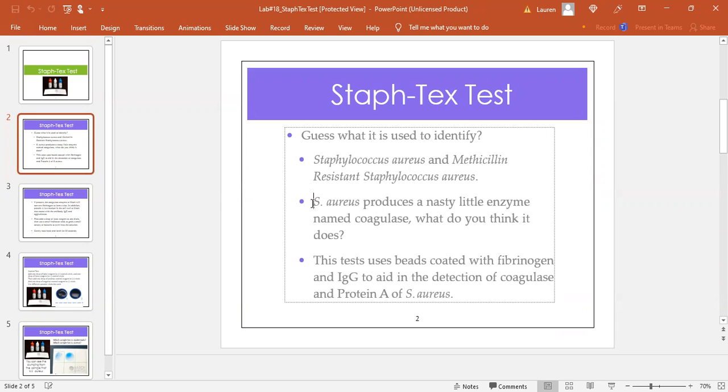So S. aureus has coagulase, but it also has that protein A on the outside of its cells. That's what S. aureus has. Now, if we look at this test, all we used was that little solution. The staph test solution has these latex beads coated with fibrinogen and the IgG.